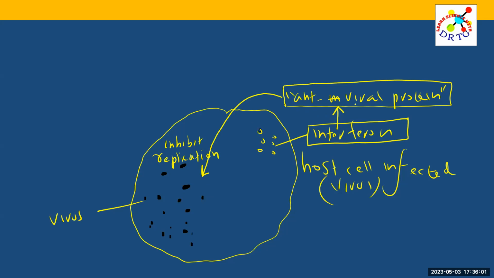What is an antiviral protein, what is the name of this antiviral protein, and how does it stop virus replication? It could inhibit replication, or it could inhibit attachment.